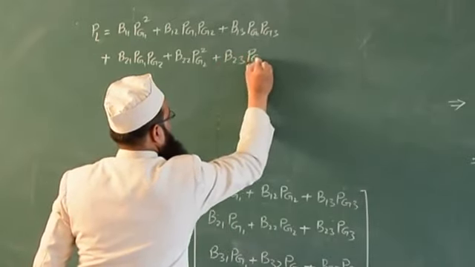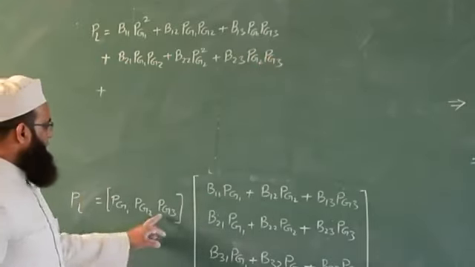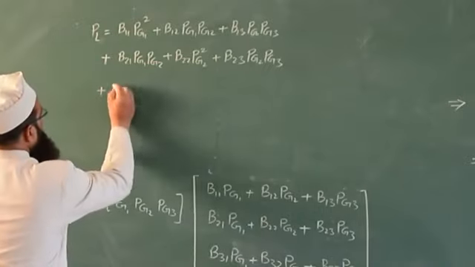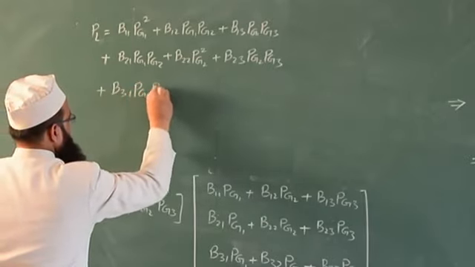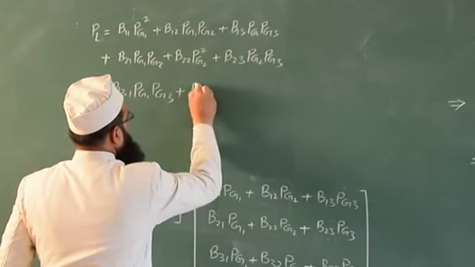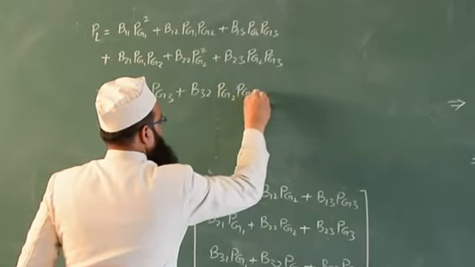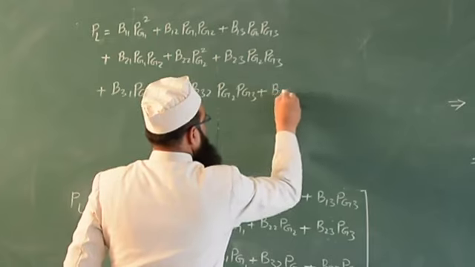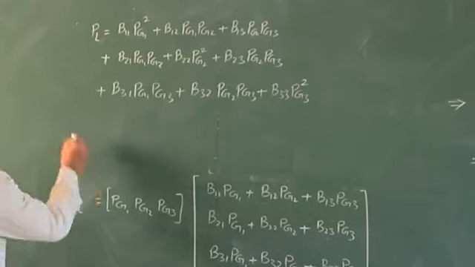Then multiply PG3 with the last row: B31 PG1 PG3, plus B32 PG2 PG3, plus B33 PG3 square.